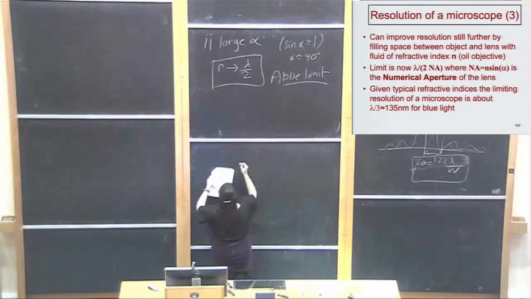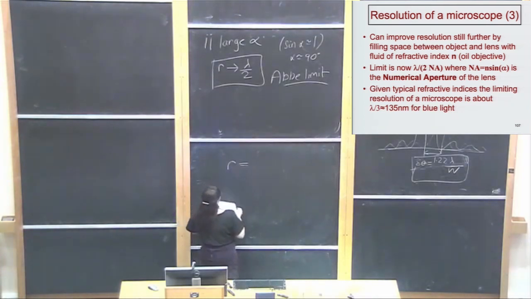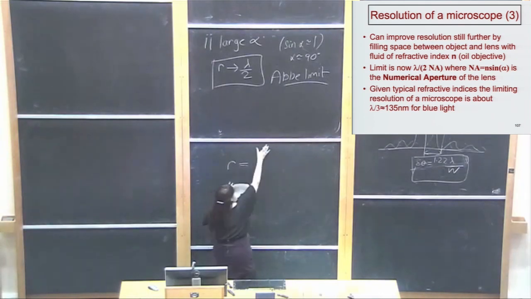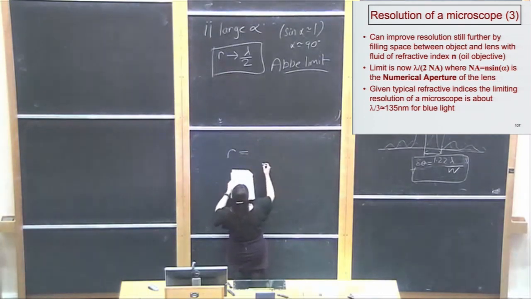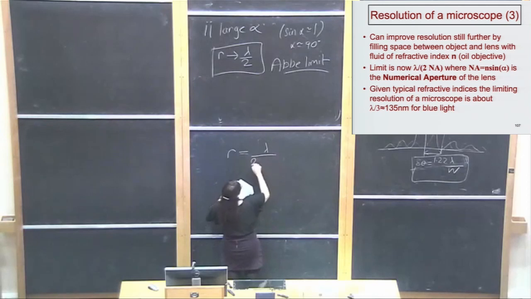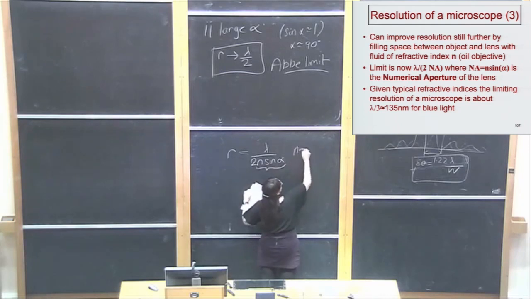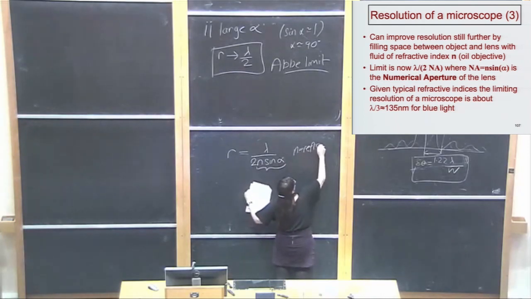In the very general case, your spot size, the limiting value, is lambda over 2n sine alpha, where n is the refractive index of any medium that you might choose to put between your lens and your object, right?